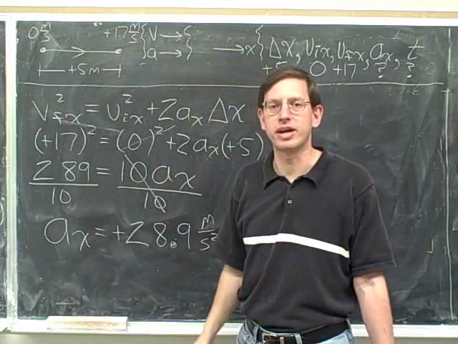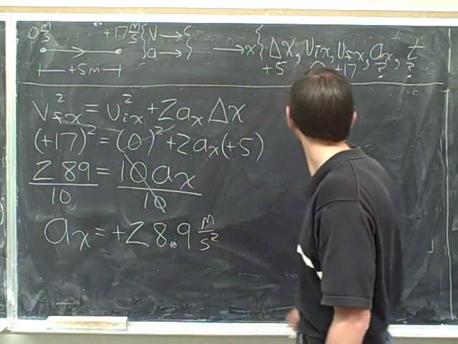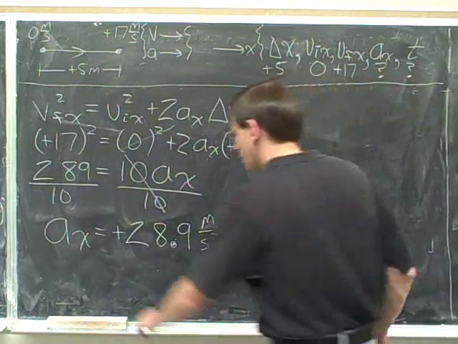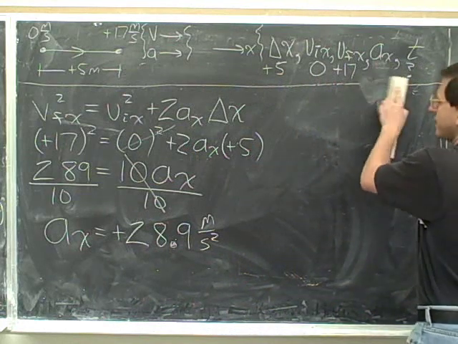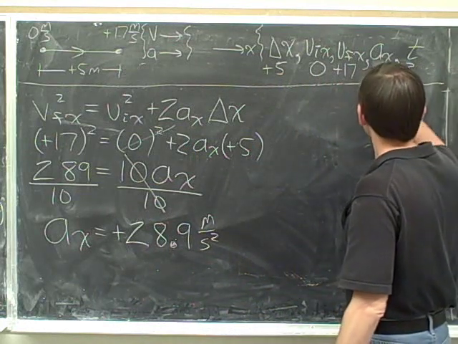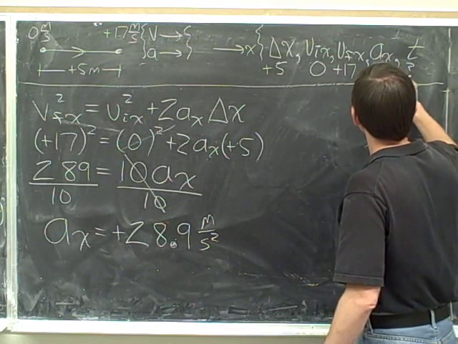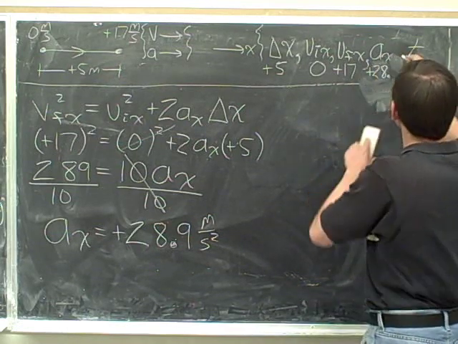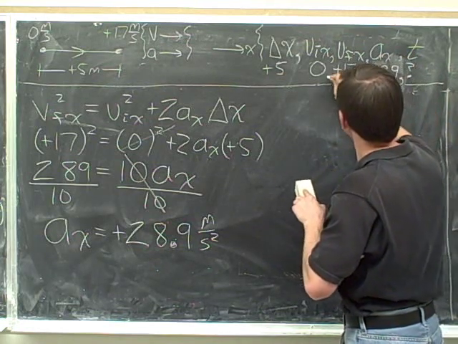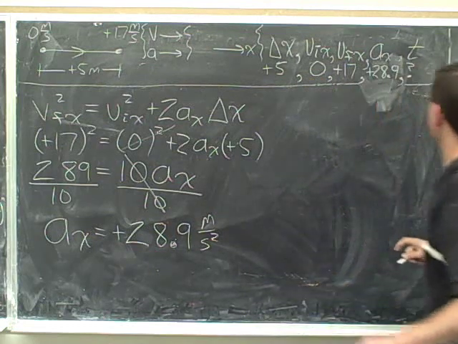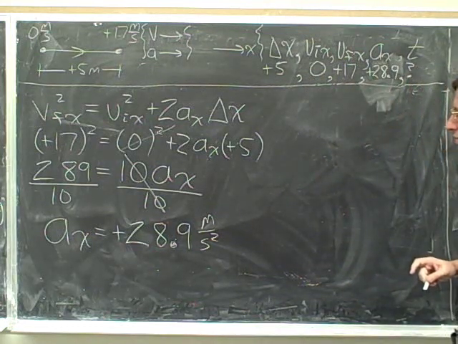If the acceleration had come out to be negative, that would have meant we made a mistake, and we'd have to go back and find our mistake. So now we can go back up here. Now we know the acceleration, positive 28.9 meters per second squared.